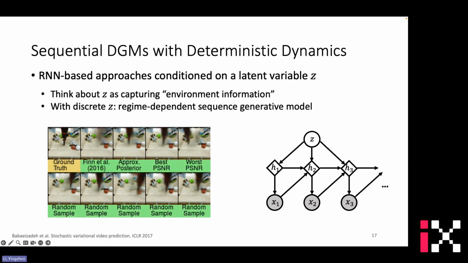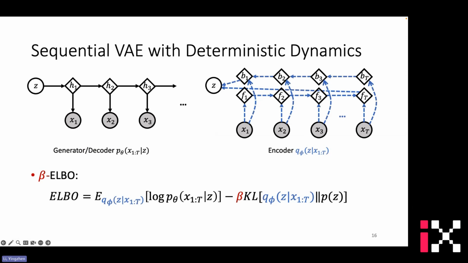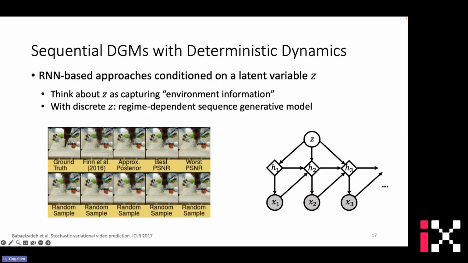Basically, the equation for variational inference is still the same. It is still the same equation here, but how you compute all these distributions will become different depending on your architecture for the P model and the Q model.